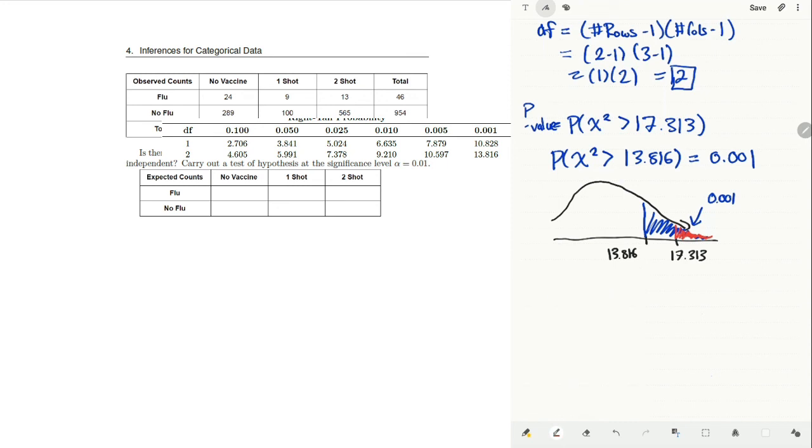Since the area to the right of 13.816 is equal to 0.001, that tells us our p-value, which is the area to the right of 17.313, will be smaller than 0.001. So we can write this in an interval. The p-value will be a number between 0 and 0.001.